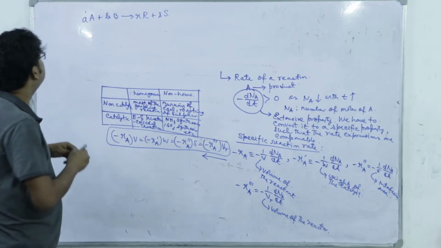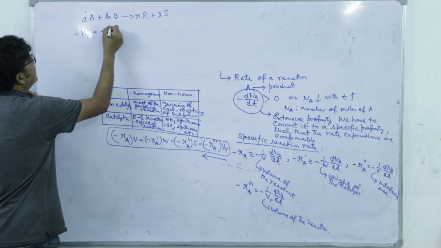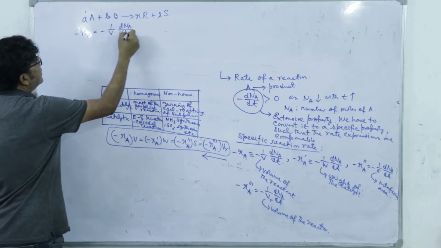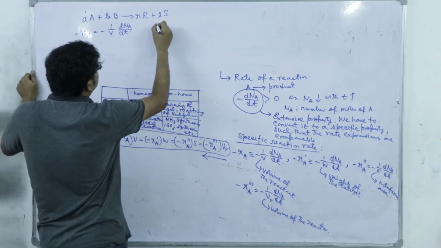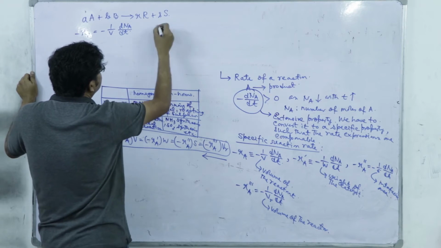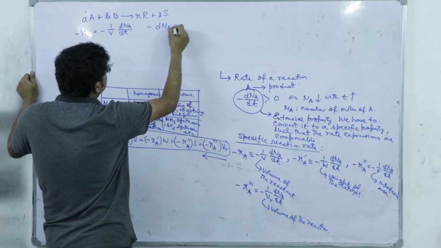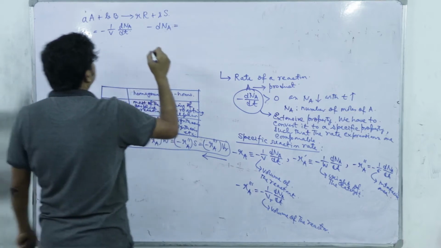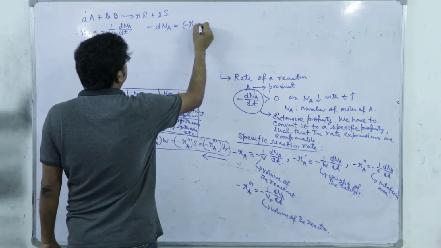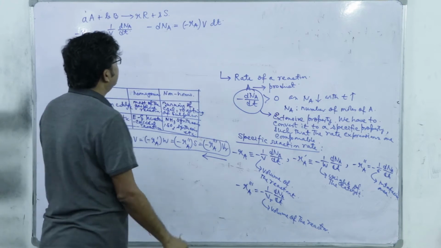So, if I go by minus RA, it is minus of 1 by V dNA dt. Now, you see that dNA with a minus sign is equal to minus RA into V into dt, right.